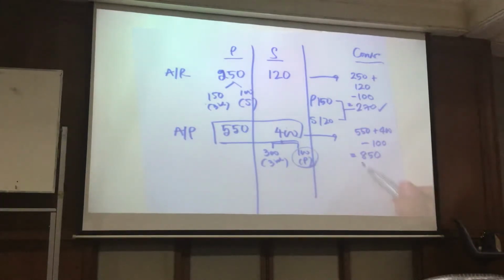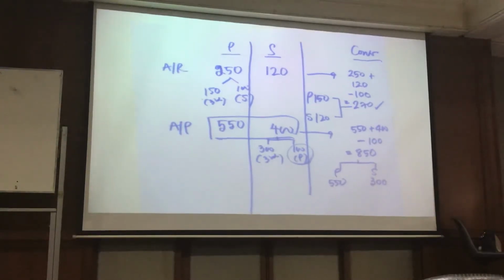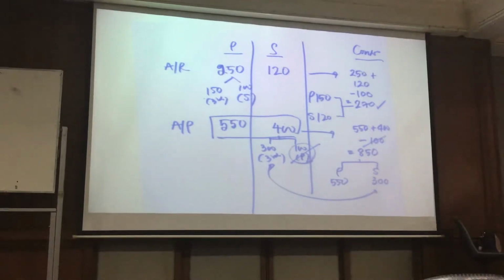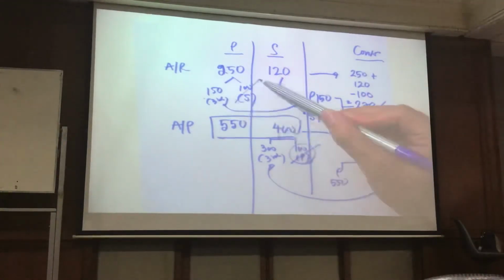Break it down: this belongs to the parent, and this belongs to the subsidiary, for 300. This represents this guy. This belongs to this, and this belongs here.